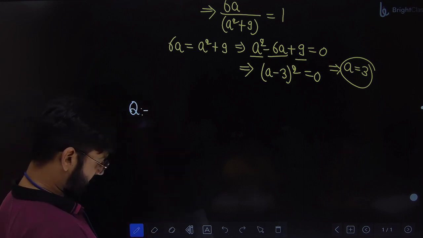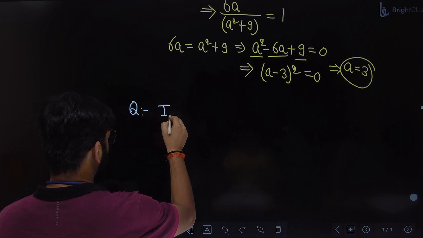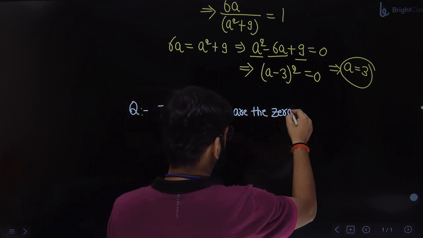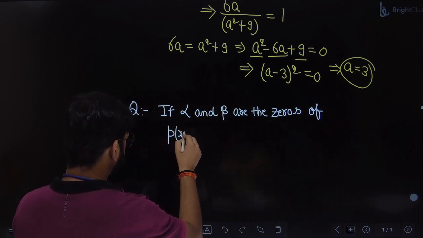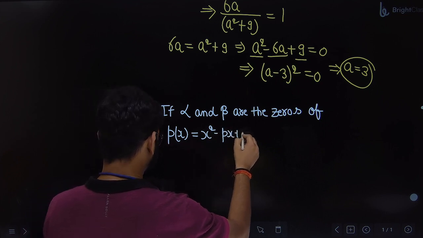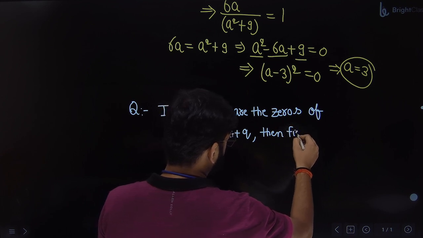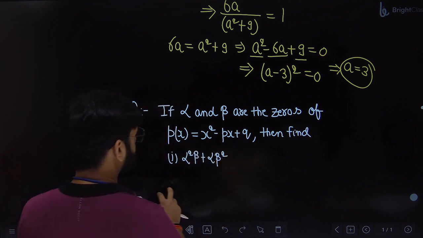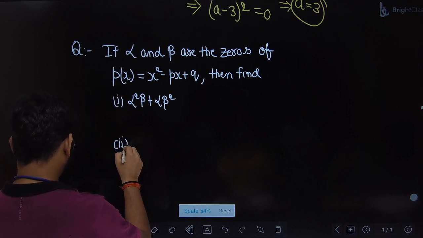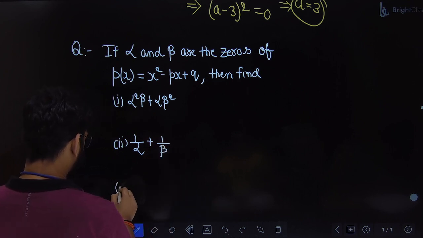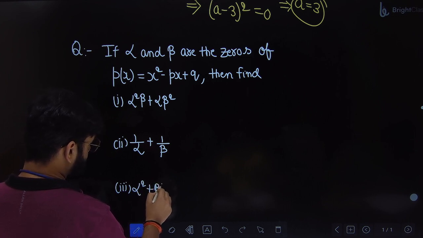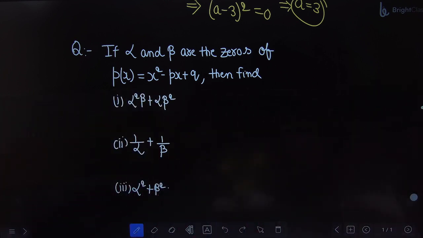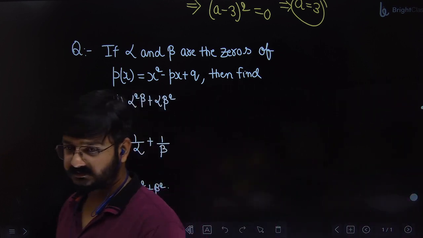So the first question: if alpha and beta are the zeros of p of x equal to x square minus px plus q, then find first, alpha square beta plus alpha beta square; second, 1 by alpha plus 1 by beta; third, alpha square plus beta square. So we have three parts. Let's solve them.